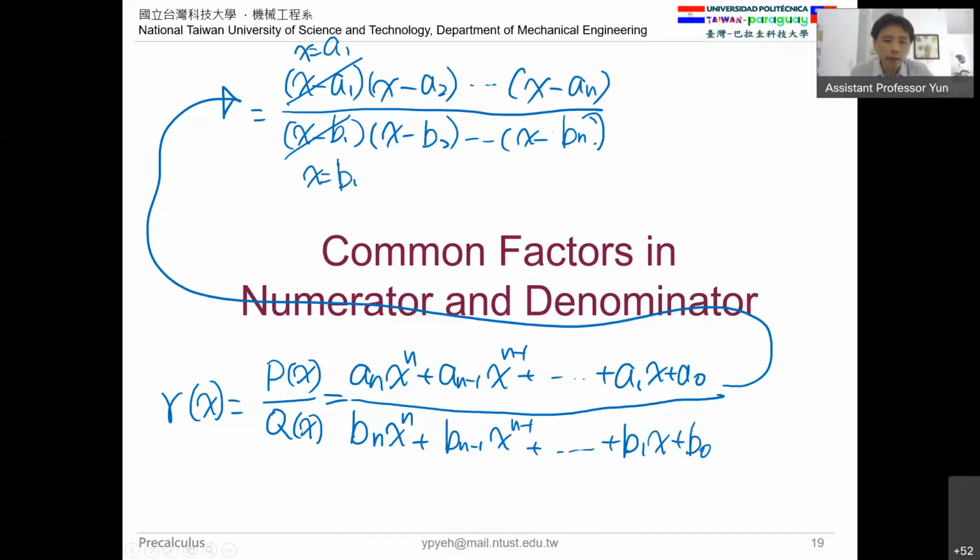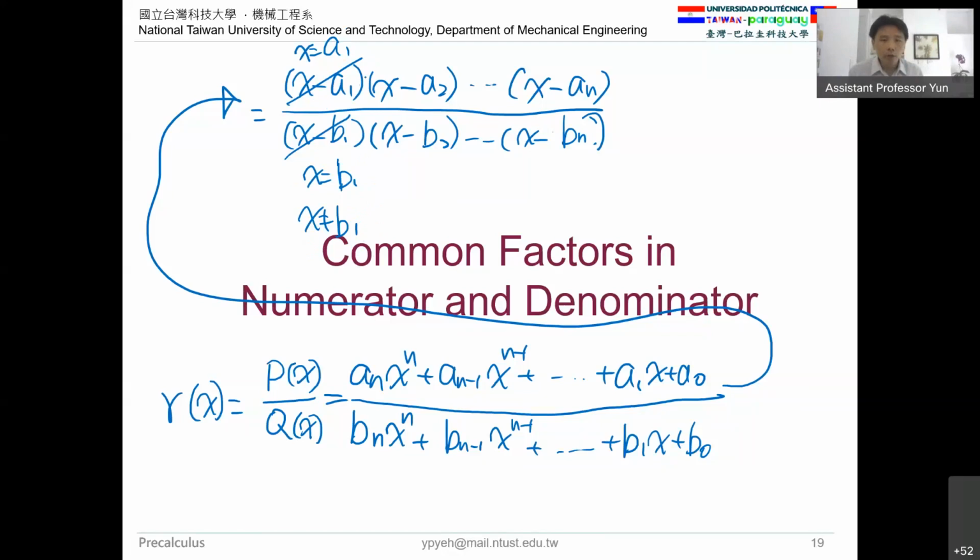So in the case where we find common factors and cancel them, we still need to remember that, for example, x cannot be equal to b_1, because that would also make the denominator zero when x equals b_1. So when we cancel these common factors, we remember that in the domain of x, x cannot be equal to b_1, for example.